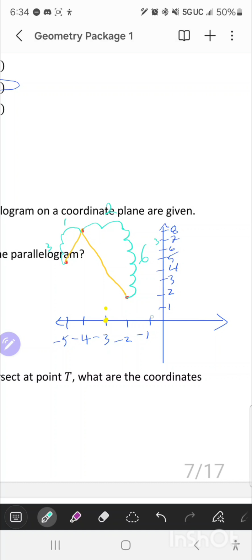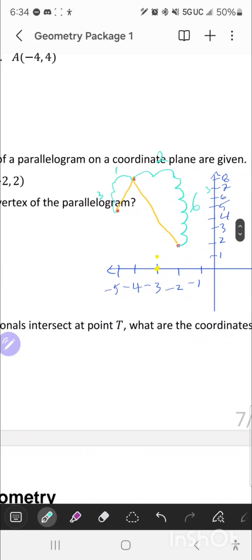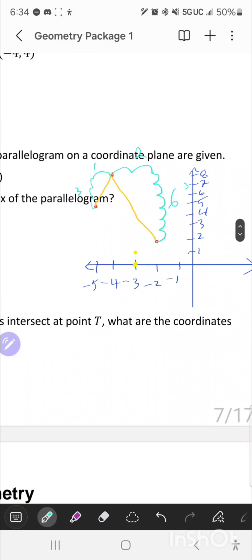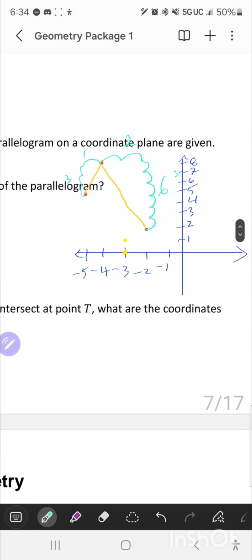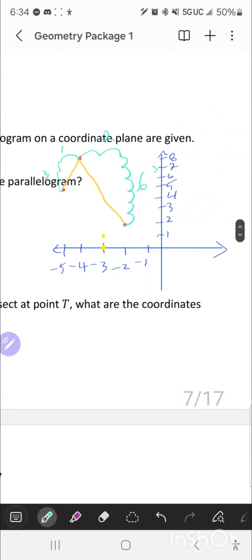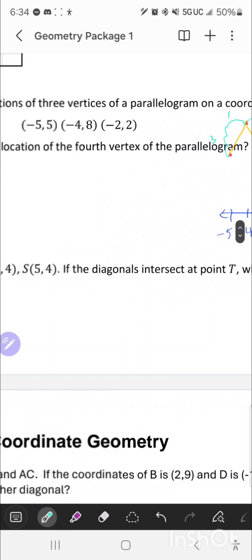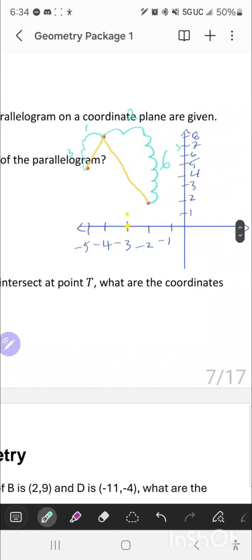So 3 in the. This is 5, comma 5. This is 4, comma 8. And this is, alright.